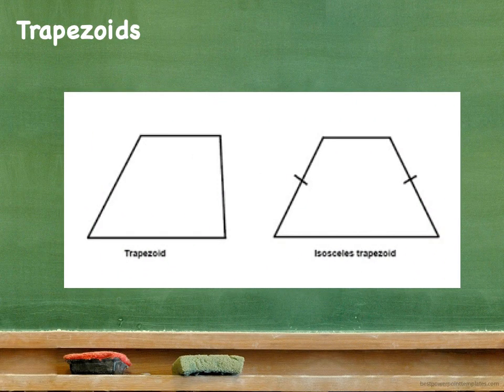Now, a trapezoid. We have two types of trapezoids. We have a regular trapezoid, where we have one set of parallel sides, and an isosceles trapezoid, where we have a set of parallel sides and congruent legs. The legs of a trapezoid are the sides that are not parallel.